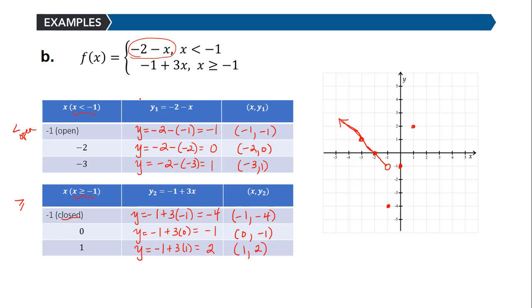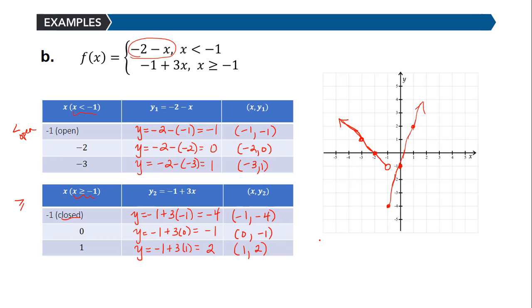So again, this is another part of a line, but I have to extend it to the right only of negative 1, negative 4. I cannot go beyond, that is, I can't go to the left of negative 1, negative 4. So my graph is two pieces of two lines.